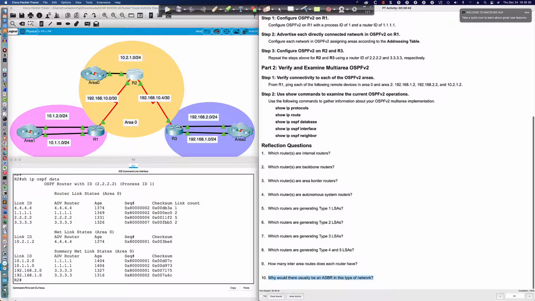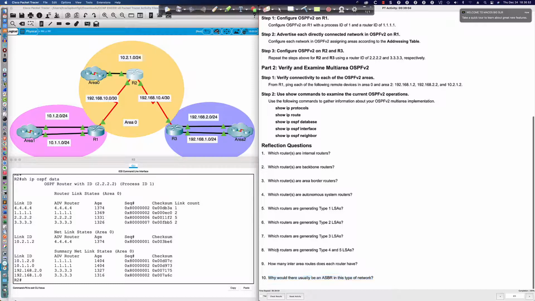We don't. We have internal routers. We have area border routers. We have backbone routers, which are also internal to area 0. But again, they're typically called backbone so that it signifies them as being only in the backbone area. And so there are no ASBRs.